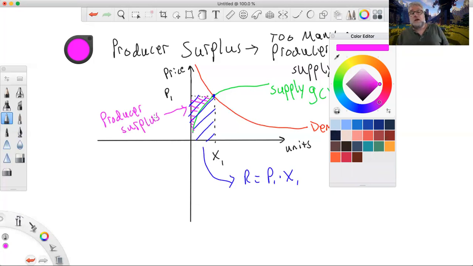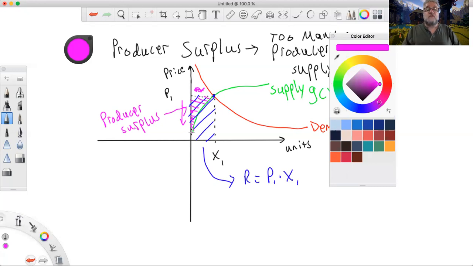It's the amount of money you're going to make by selling things at a lower price. Instead of selling them at this price, we're willing to sell them down here or down here or down here. You're going to make some money, not as much as if you sold them here, but you're still going to bring in some revenue. And you still want to account for that revenue in your revenue stream.